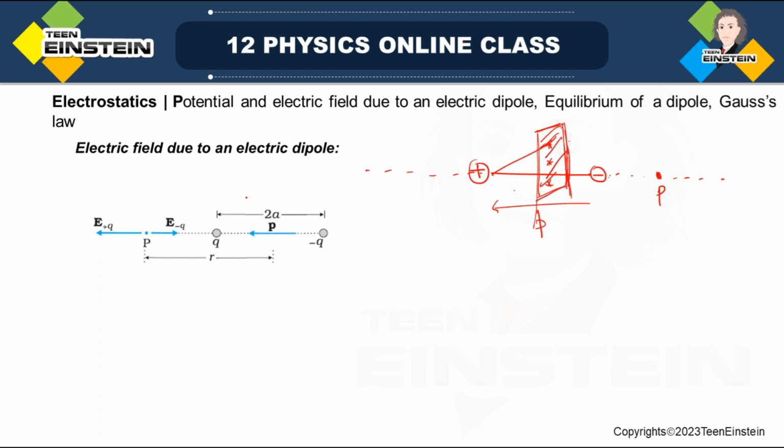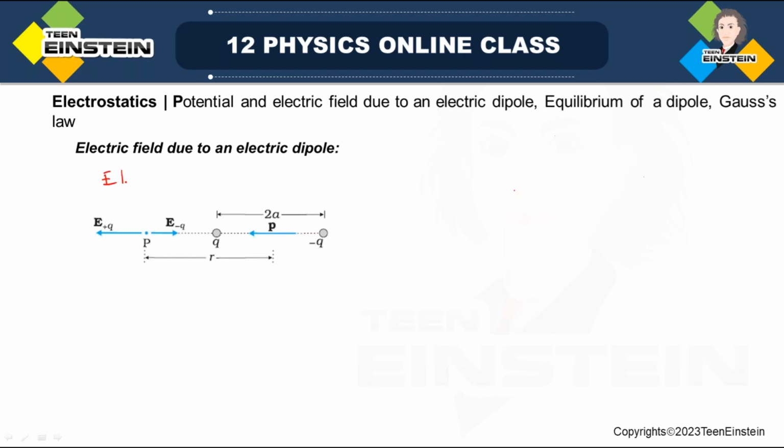So here in this figure, as you see, let me erase this part, and I have this figure already. So electric field due to a dipole, and where we are calculating this electric field, that is at any point on the axis.